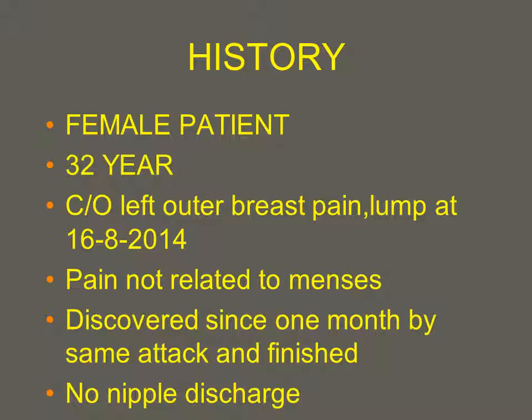A female patient, 32 years old, comes to me one week ago, complaining of left outer breast pain, feeling a lump at 16.8/215. Not related to menses, discovered since one month by the same attack and finished.